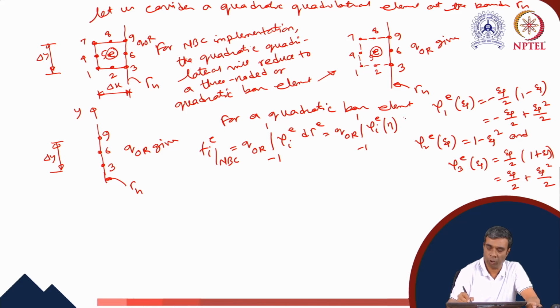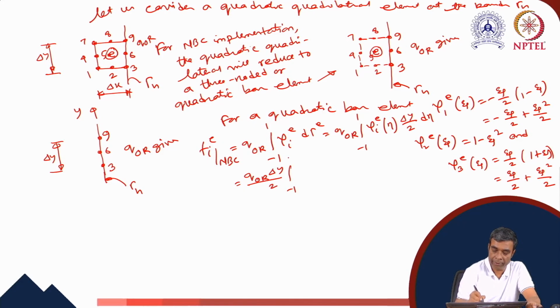So the determinant of the Jacobian matrix is delta y by 2 into d eta. This we can write as Q0R into delta y by 2 integration minus 1 to 1 psi_i^E of eta d eta.